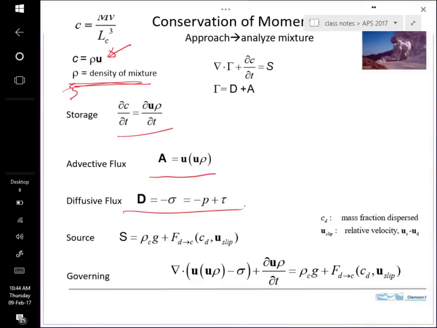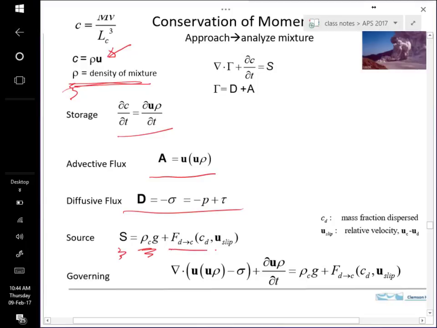Okay, so that's simple. The thing that is a little bit tricky here is that we have to have the transfer of momentum between the different phases. So the way that's done is to have a source term here. Here's rho g. That's giving us the unit weight, so that'll give us the pressure, hydrostatics.